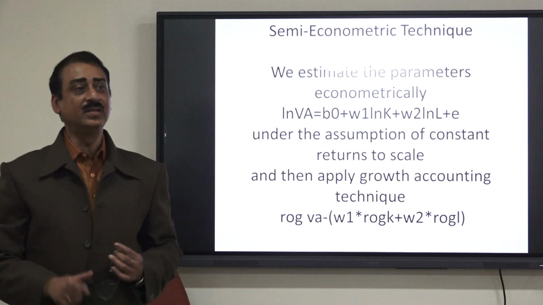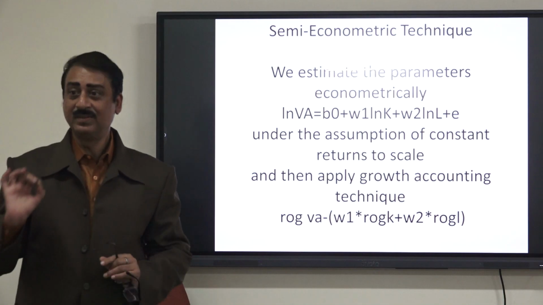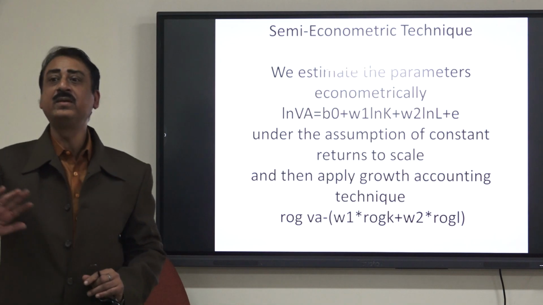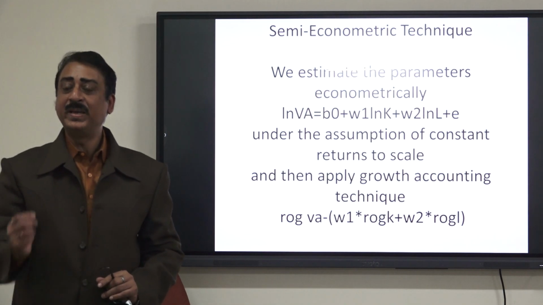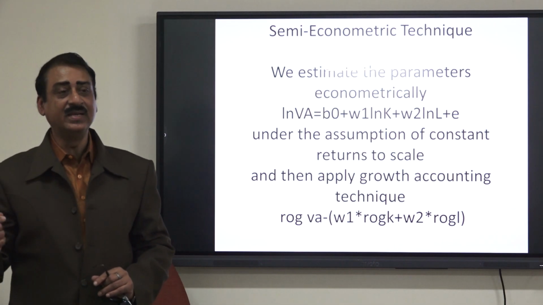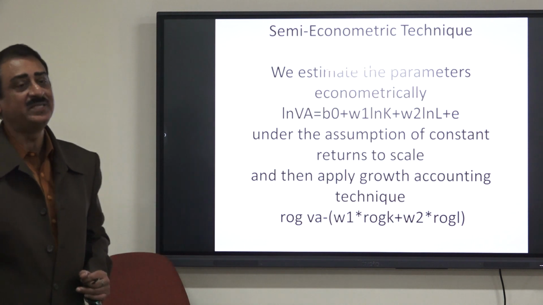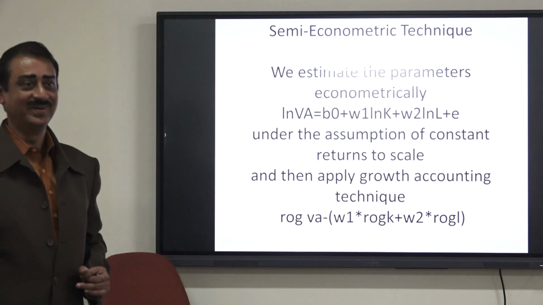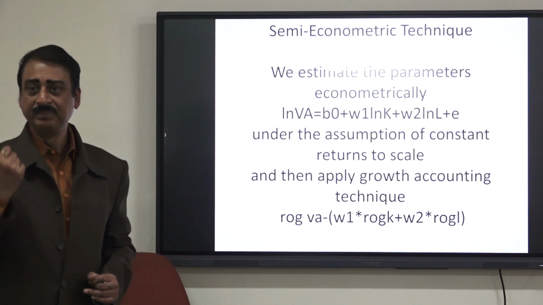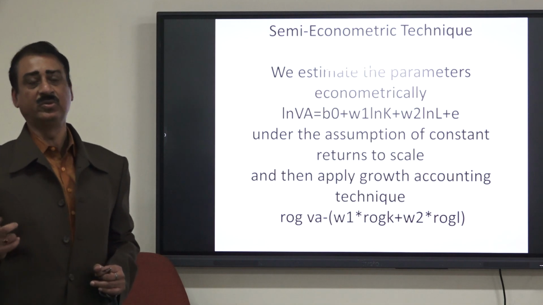So the difference between the growth accounting technique and the semi-econometric technique is important. In the growth accounting technique, you are confused about whether to take the base year shares, the terminal year shares, or the middle year shares; which specific share should be considered is not really known.